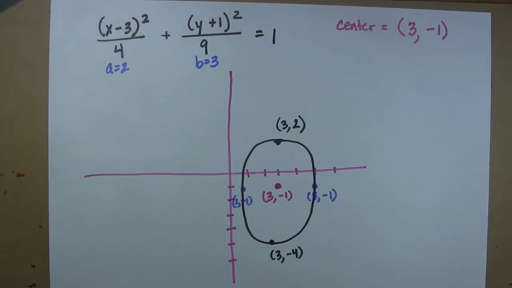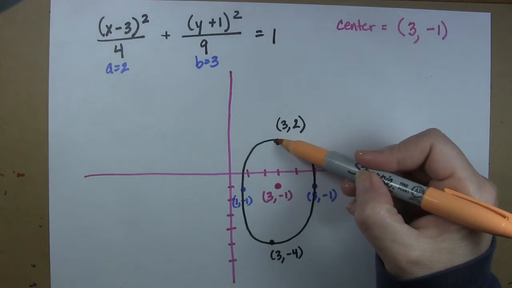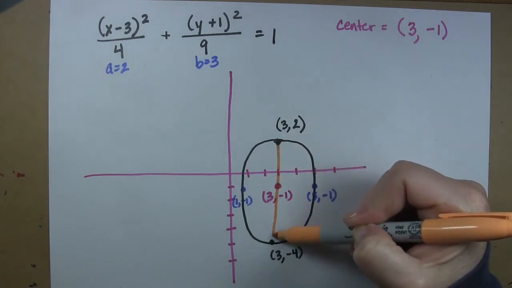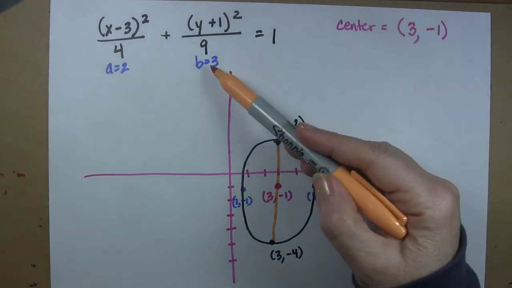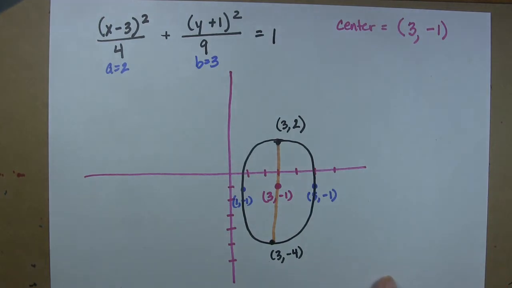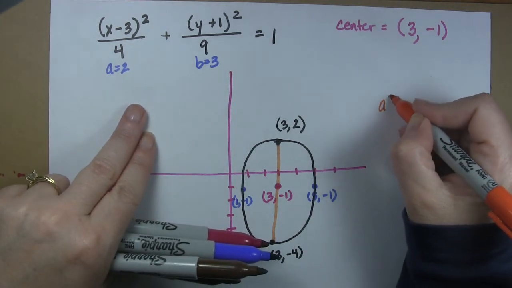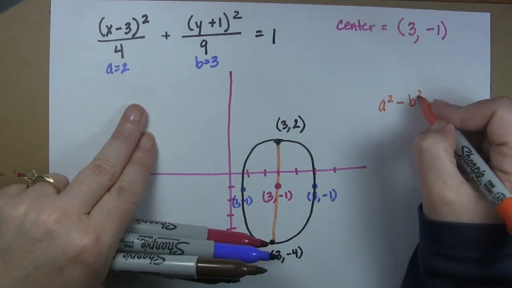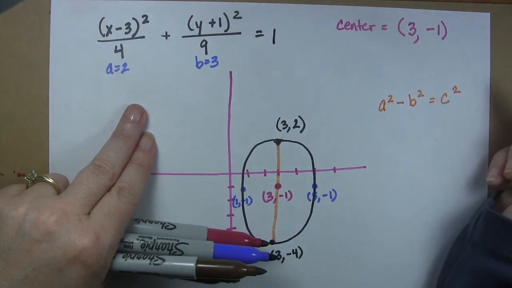The problem that they run into is when it comes time to calculate the focus. So remember, our major axis, that is the longer one, which in this case is B, is going to be where we have our foci for an ellipse. And we can calculate where each focus is through a formula: a squared minus b squared equals c squared.